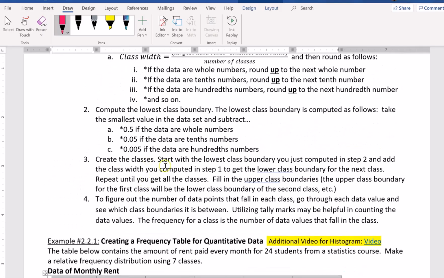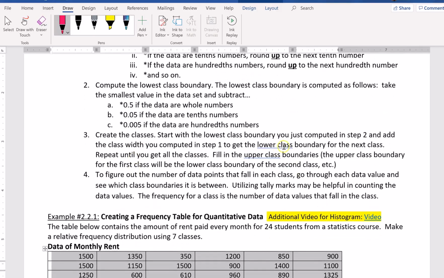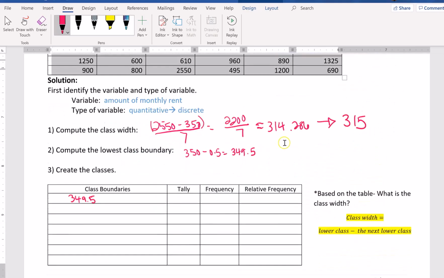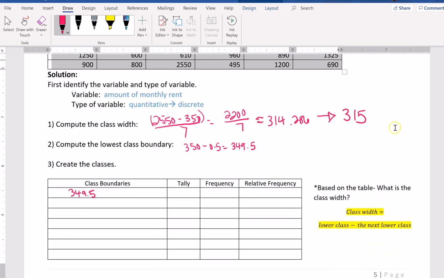Step 3, create the classes. So you're going to start with your lowest class boundary, then you're going to add the class width to get the next lower class boundary. So you're going to take 349.5 and add 315. You get 664.5. Add 315 again, 979.5.